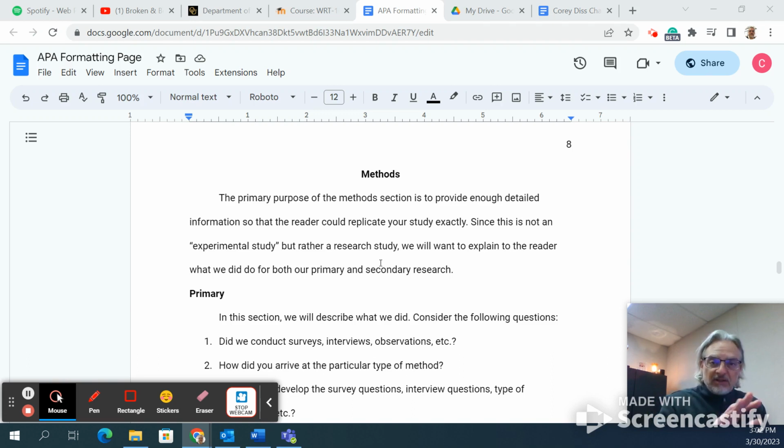It's just our page 8 right here because I have a lot of materials also that I'm providing for you as well. So to think about methods, the primary purpose of the method section is to provide enough detail and information so that the reader can replicate your study.